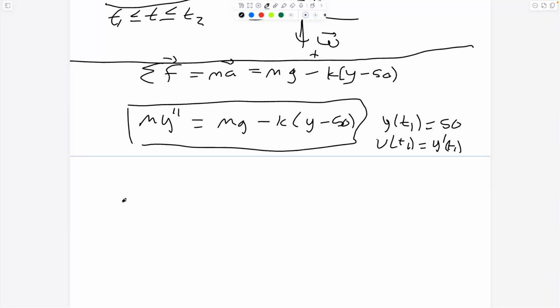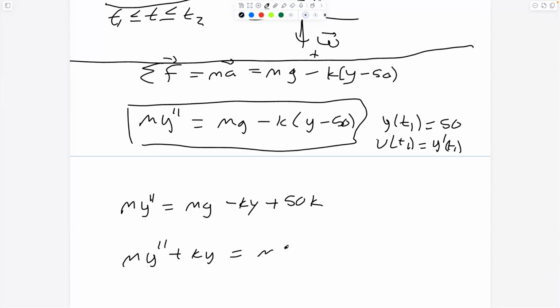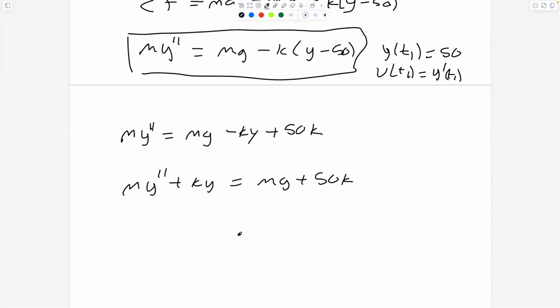We could multiply through there by this negative k, negative ky, and then what do we get? Plus 50k. Move this guy to the other side. This is just a constant.